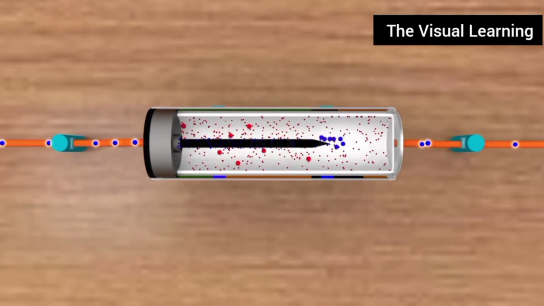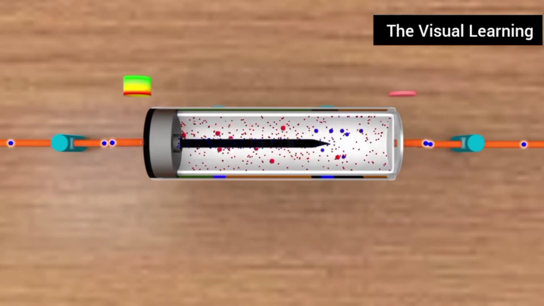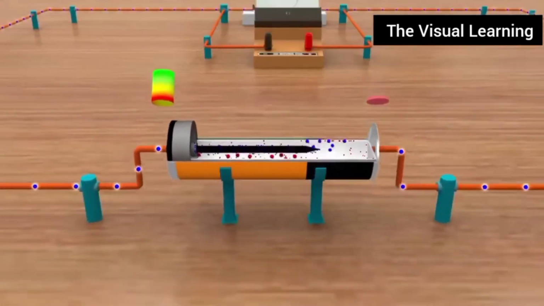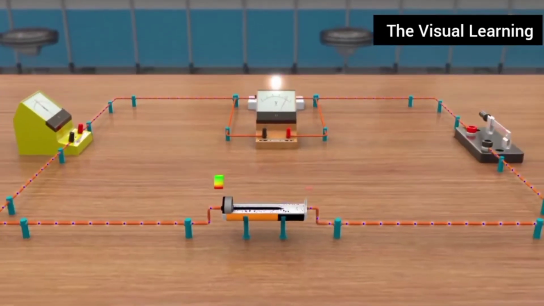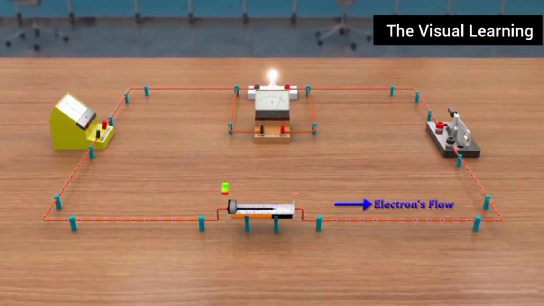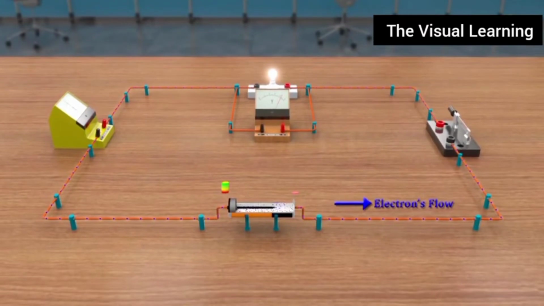This charge distribution creates an electric potential difference between the cathode and anode, the cathode being at higher potential compared to the anode. Because of the potential difference, the extra electrons at the negative terminal start moving to the positive terminal, trying to make the cathode neutral.